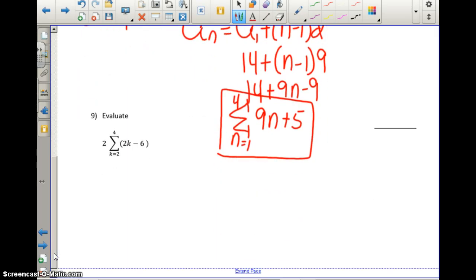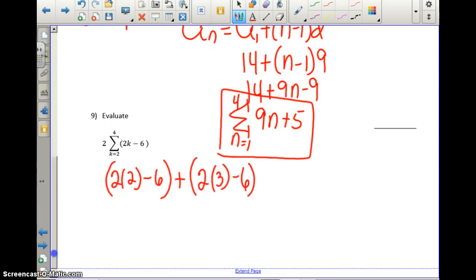Number 9, I am going from 2 to 4. I have to plug in 2 times 2 minus 6 for the first term. And then I need 2 times 3 minus 6 for the second term. And then I need 2 times 4 minus 6 for the final term.